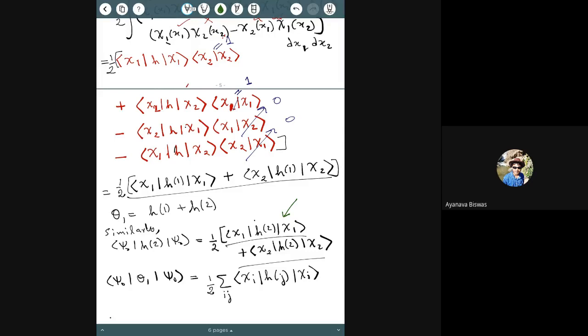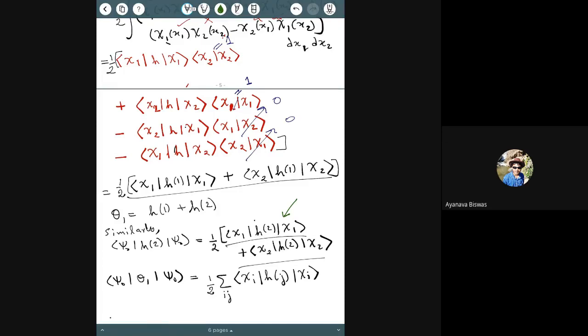This is integrated over coordinates of electron 2. This is integrated over coordinates of electron 2. And so is the left hand side. So if I want to change 1 and 2, I have to also change the left hand side.